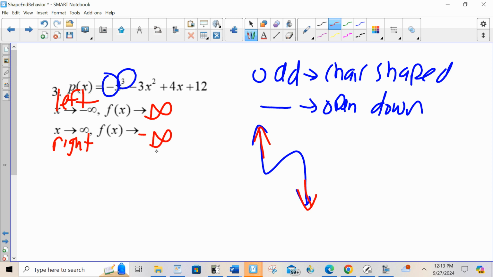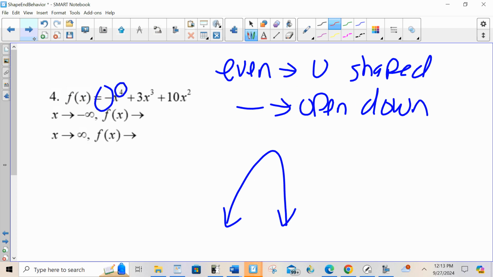That's negative infinity. And number 4, as x approaches negative infinity, that means as I look to the left, the graph is pointing down. And as x approaches positive infinity, as I look to the right, the graph is also pointing down. Down is negative infinity.